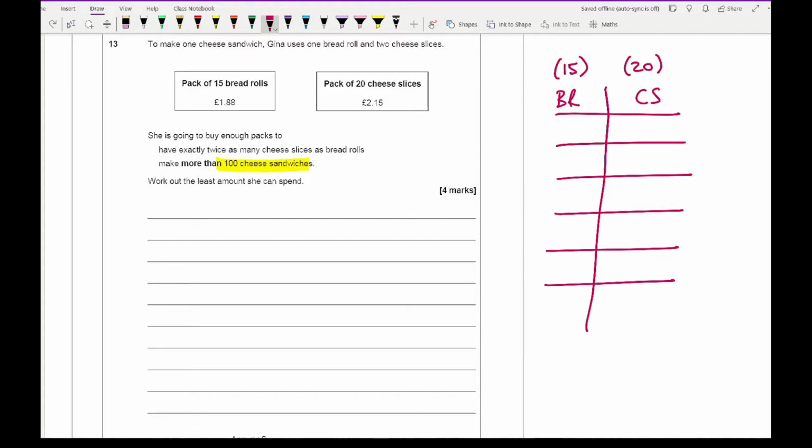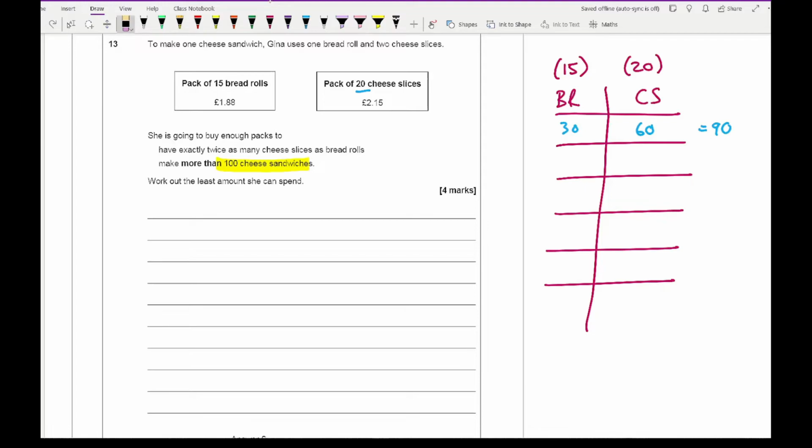So let's say 30 and 60, that equals 90, so that's not going to be enough. If I then had 45 and 90, that's not going to work because I'd have to split packs, because obviously I can't get 90 into 20. So I can only really work in denominations of 30 and 60 for me to have double.